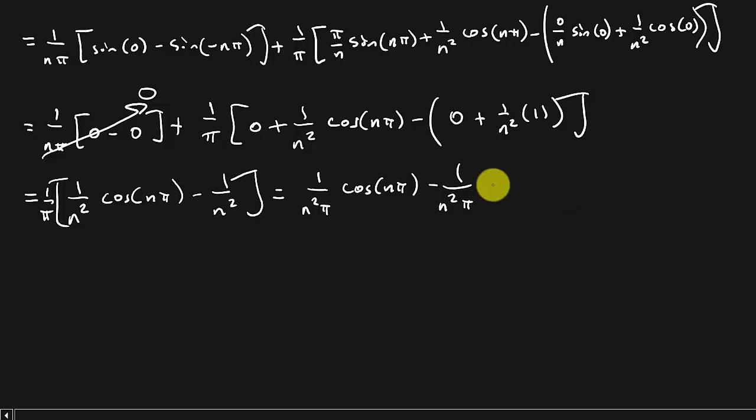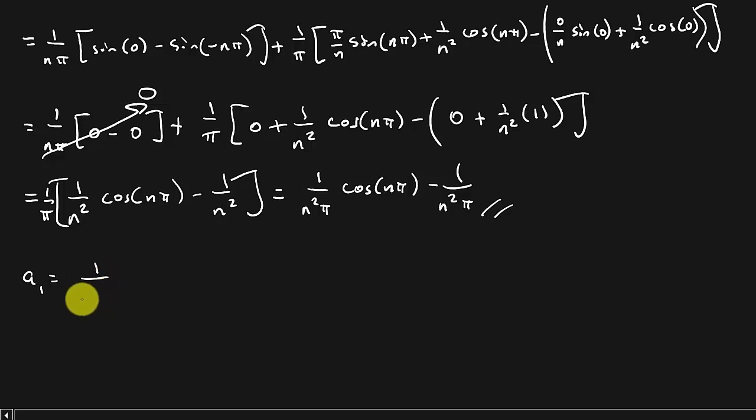And, you know, I think we could maybe do this. I mean, I guess if you wanted to, you could factor out a 1 over n squared pi. You don't have to. Let's just leave it like this. So there's a sub n. So look at this. a1, what is a1?